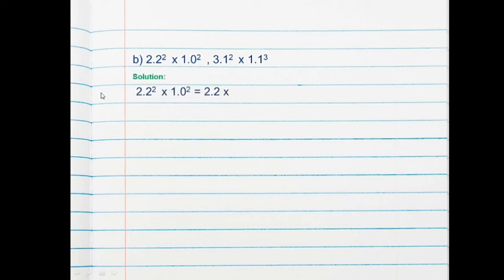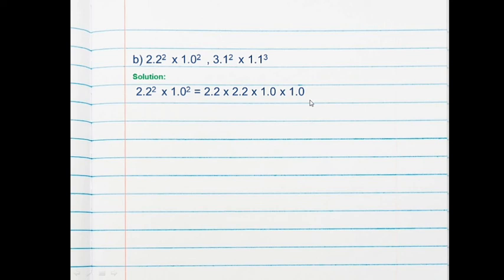2.2 raised to the power 2 into 1.1 raised to the power 2 is equal to 2.2 into 2.2 into 1.1 into 1.1.